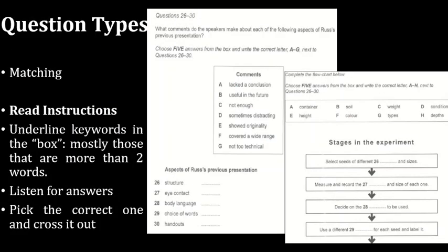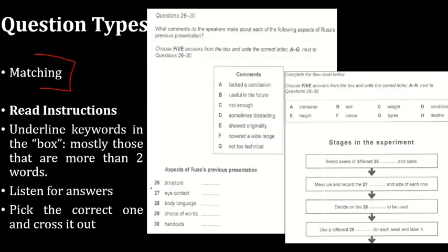Now let's look at the second type of question that you get, that is the matching. Just like the matching in section 2, the two speakers will be talking about certain things, and they will agree on certain aspects or issues.